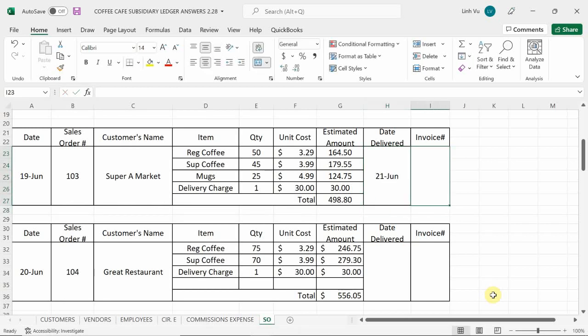And what invoice number did I assign them? 103. Now, who delivered this order to Super A Market? We did deliver to them.